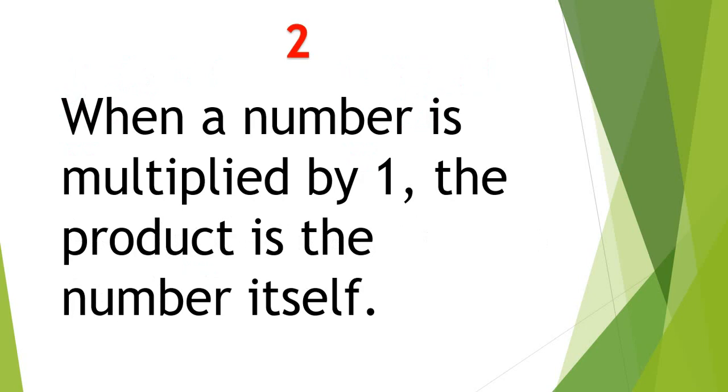Fact number 2. When a number is multiplied by 1, the product is the number itself. It means when you multiply any number by 1, the answer will always the same number.